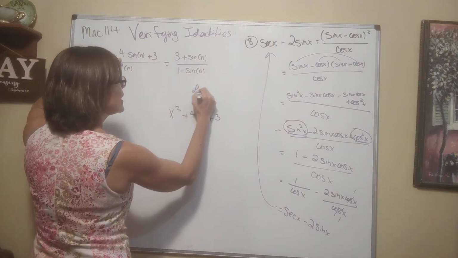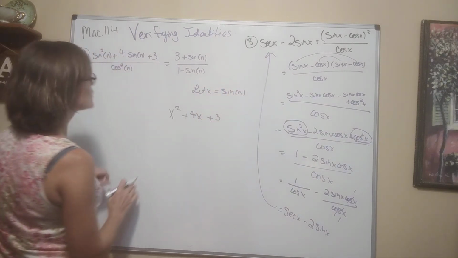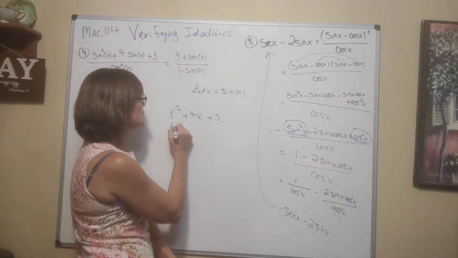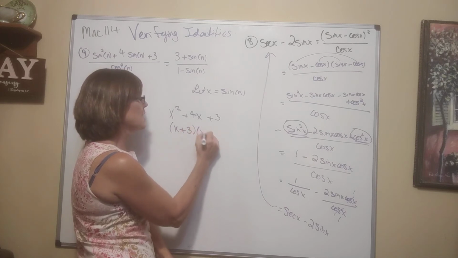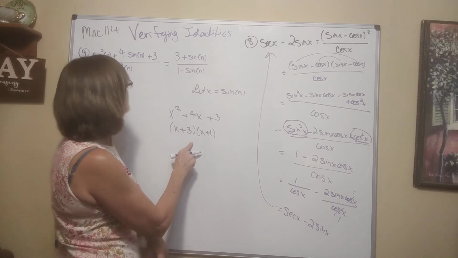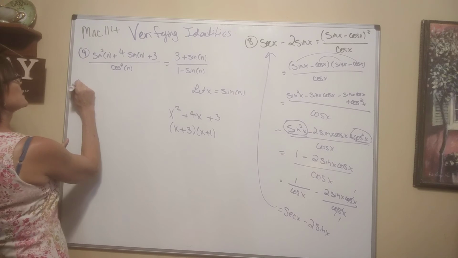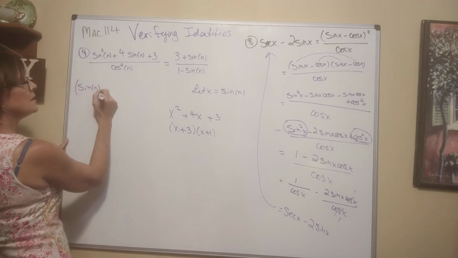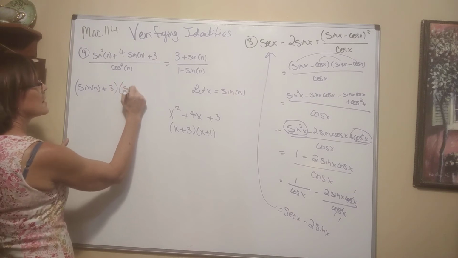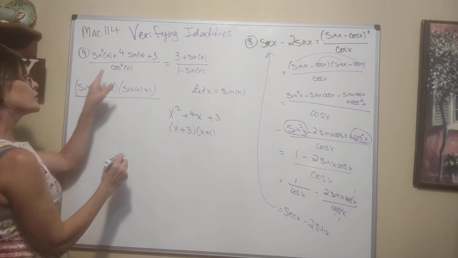So in other words, I let x be the sine of n so that it wasn't as weird to me, okay? And if I had to factor this, I could factor x squared plus 4x plus 3 into x plus 3 times x plus 1. So I could factor this numerator up here into the sine of n plus 3 times the sine of n plus 1 over cosine squared of n.